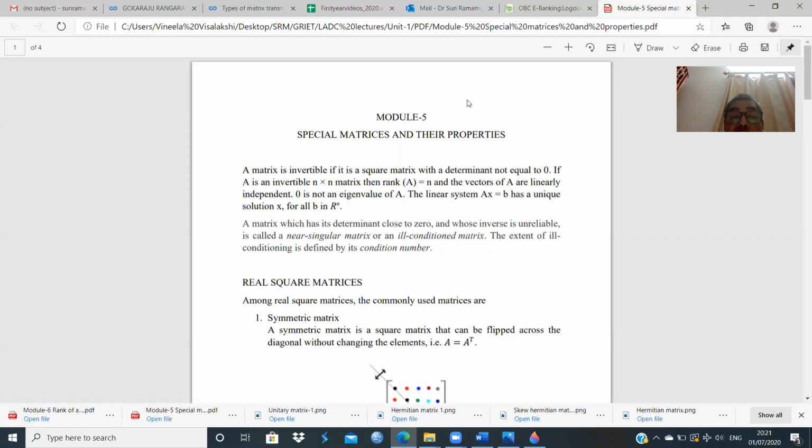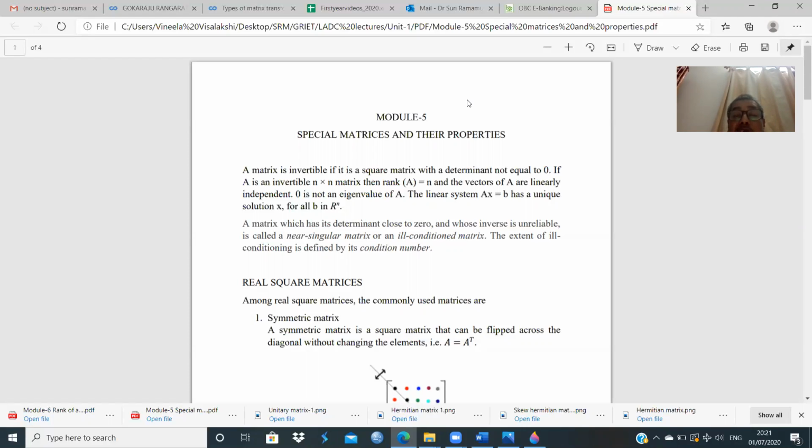The extent of ill-conditioning of a linear system of equations is determined by the condition number of the matrix. So linear systems of equations require analysis for stability of solutions, and that depends upon the condition number. That was already discussed in the previous lecture.